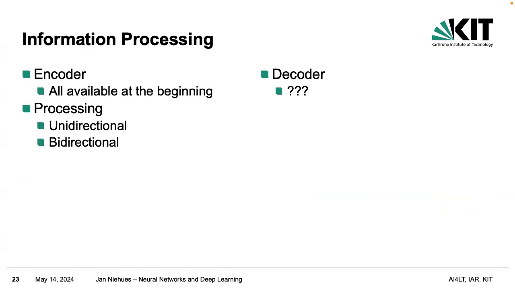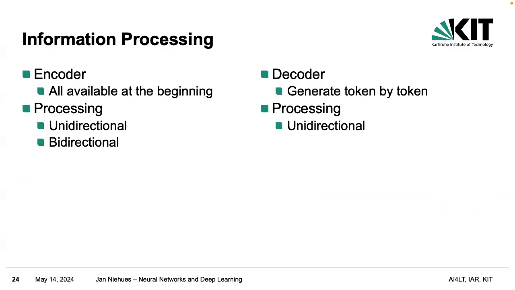Okay, so what about the decoder side? What type of processing can we do there? I said it already before: if we generate token by token, we can only use a unidirectional model. So we cannot do a backward RNN, for example, because we don't know what the future is when we generate the current token.